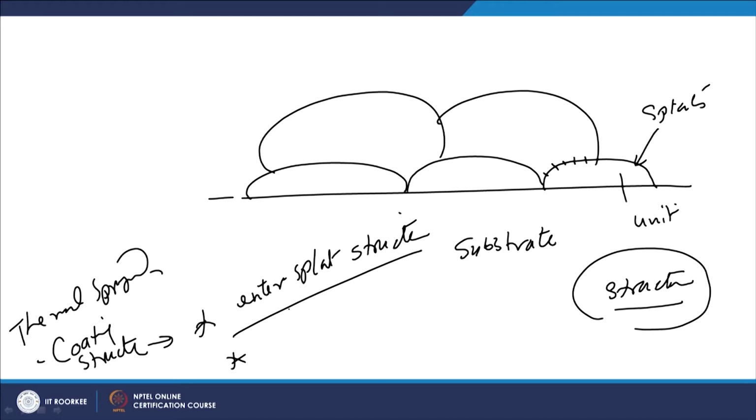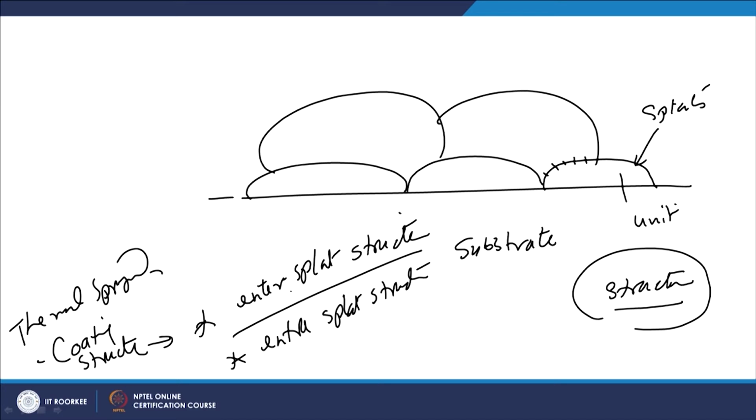One is the intersplat structure and the intra, or within splat, structure, and both need to be seen separately.